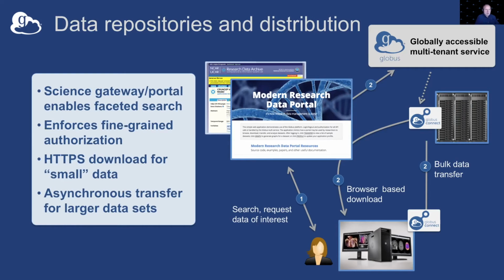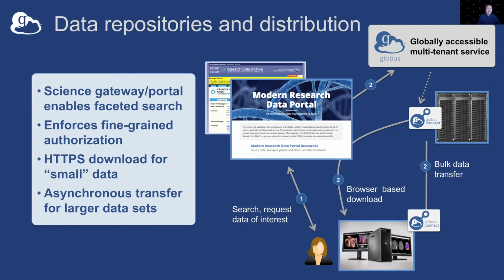So the design pattern is summarized on this slide here. You've got the science gateway that typically allows you to perform some kind of search to discover the data you're looking for. And in doing so, it may enforce some security and access control, depending on what data you can or can't access. It might not even show you that in search.